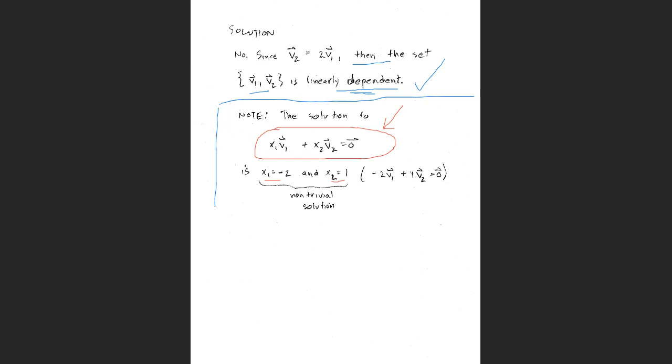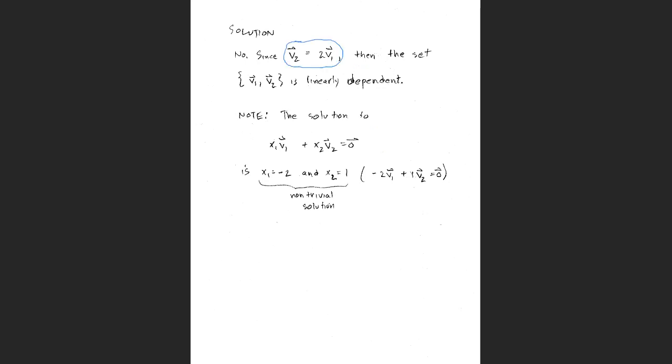That makes sense because, since V2 equals 2 times V1, that means that -2 times V1 plus V2 equals a zero vector. And so this vector equation here has a non-trivial solution for x1 and x2.